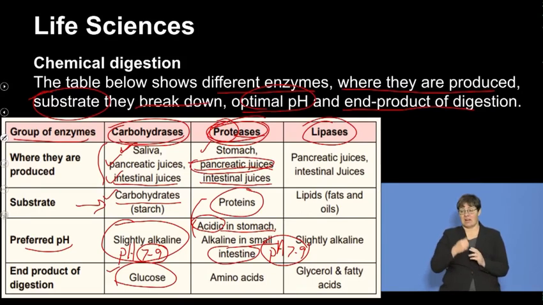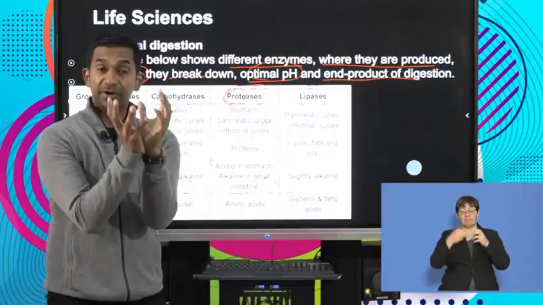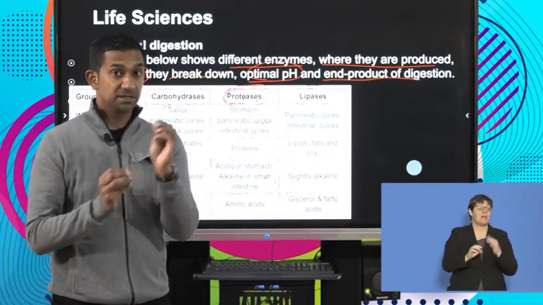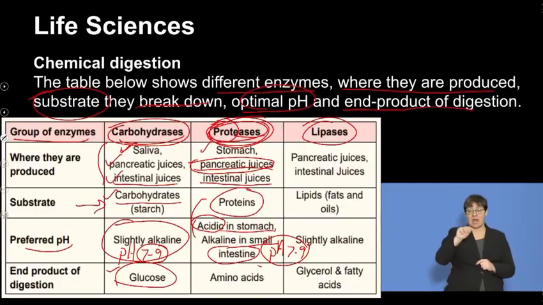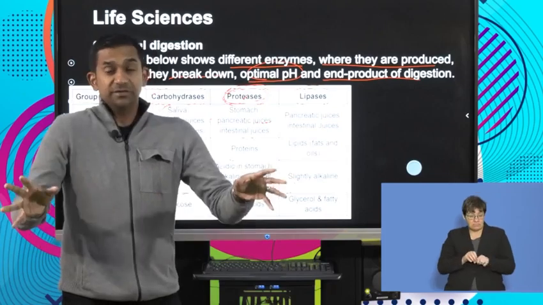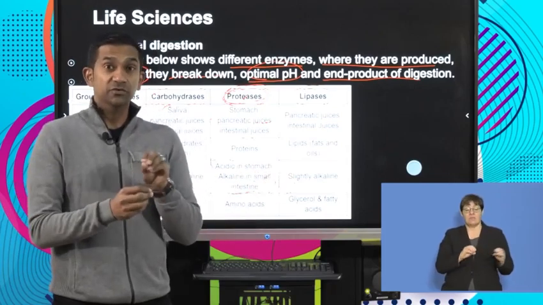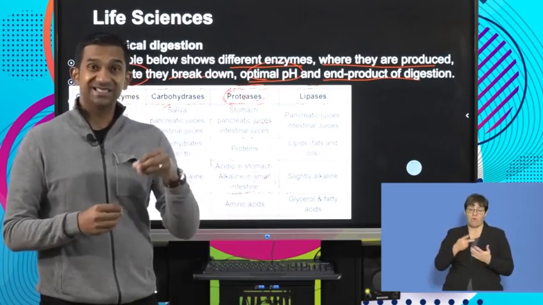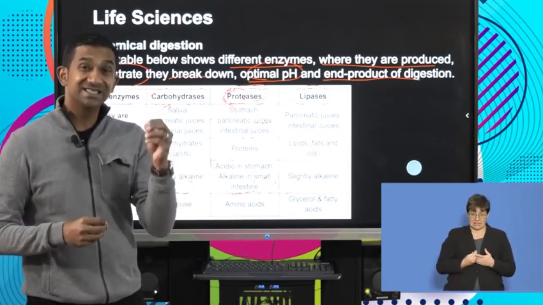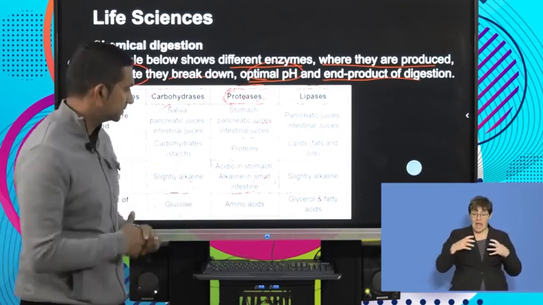And finally, your proteases, as I mentioned, protein digesting enzymes, break down proteins into the simplest molecules called amino acids. It is these amino acids that are absorbed into the bloodstream, and then move into cells where they're used for protein synthesis in a process called assimilation, or putting them together.